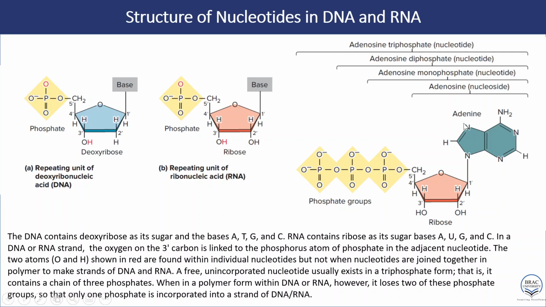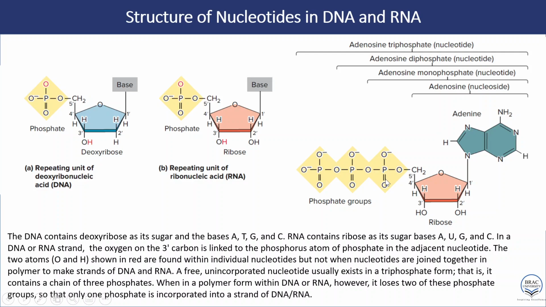And also note that this is a typical structure of an adenosine ATP molecule, adenosine triphosphate. I mentioned that when one phosphate group is attached, we can call it a nucleotide, but at least one. If there are three phosphate groups, the triphosphates, we also call it a nucleotide. When they are free in the cytoplasm, the nucleotides are in this triphosphate form.